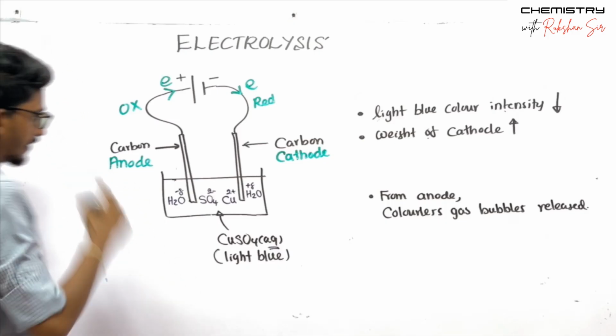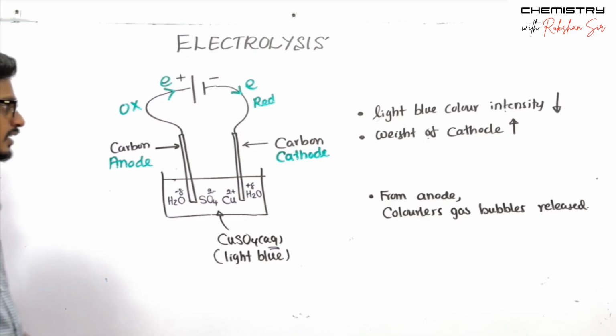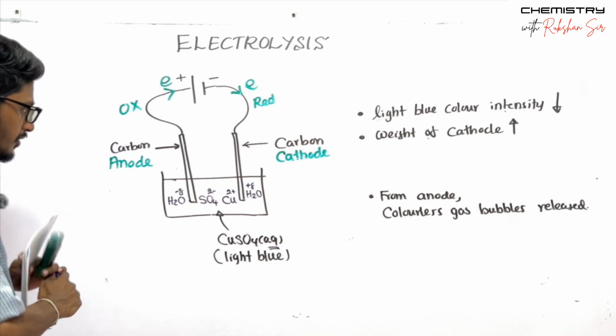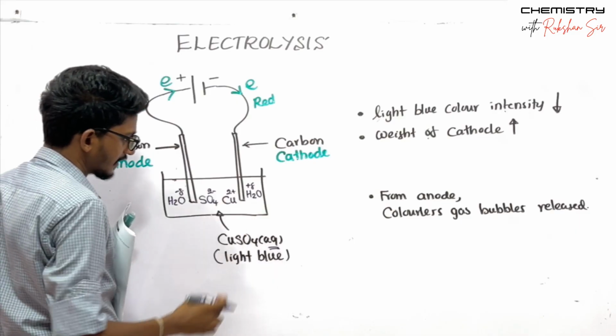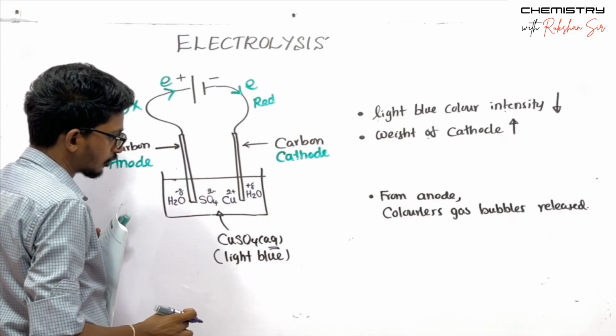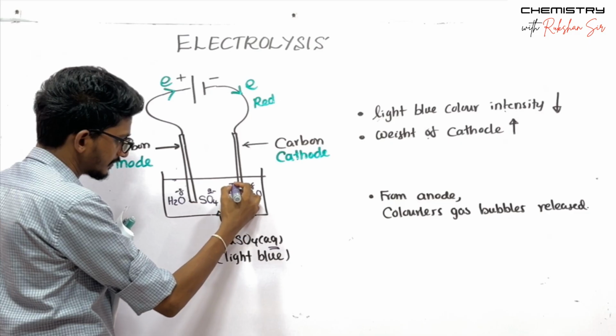Let's discuss how they appeared. What are the reasons for those? The light blue color intensity decreased. Why is that? Because the copper ions which came to the cathode get deposited at the cathode.